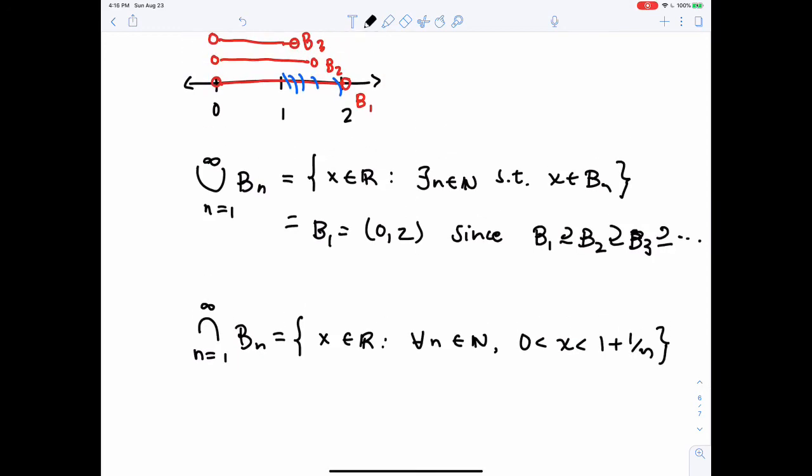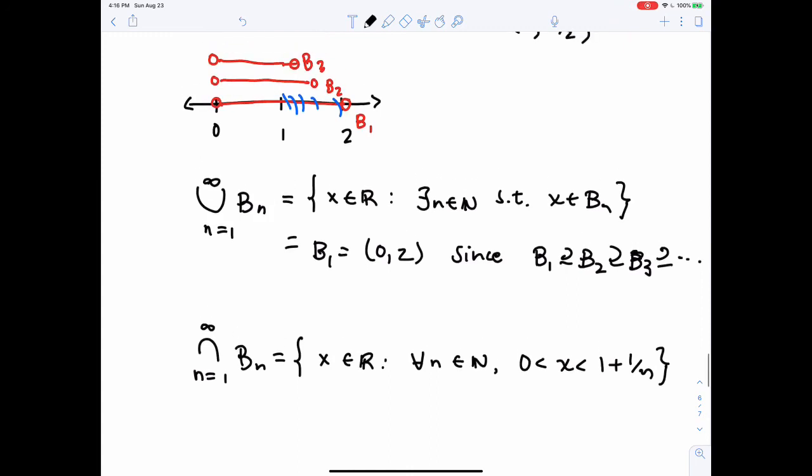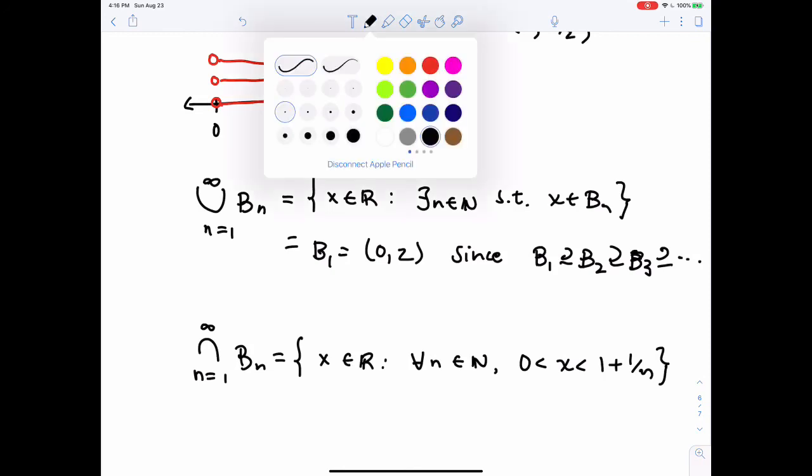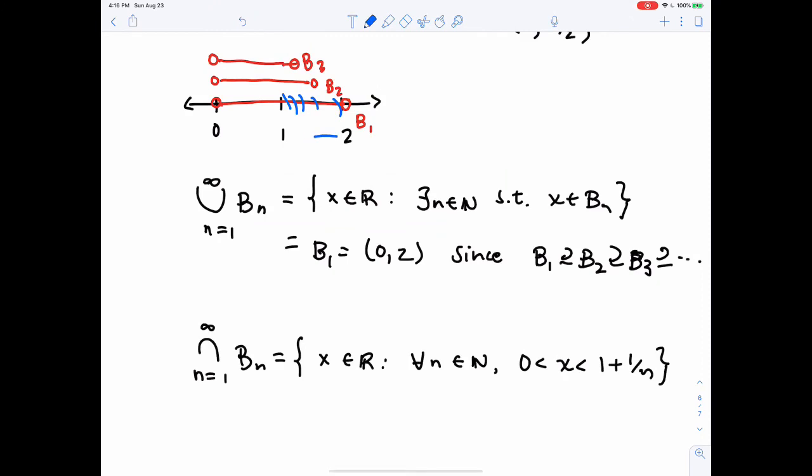And if I look at my picture up here, I see that as I increase the size of n, my right endpoint is going to push closer and closer to 1, always staying just on the other side of 1. So I'm going to be slowly excluding these values in here as I get closer and closer.